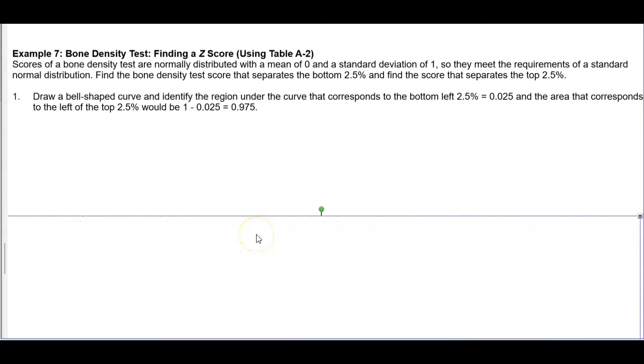Okay, so here is our bell curve. We know that the center is the mean. Okay, and so what do we know? Well, there's two things. We know that there's going to be an area over here that's going to represent the bottom 2.5%, which is the same thing as 0.025.